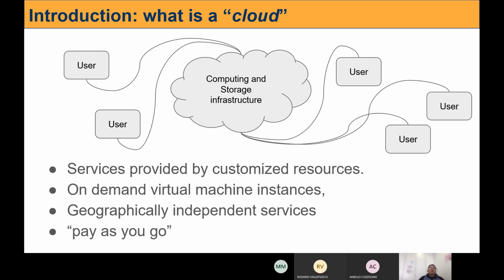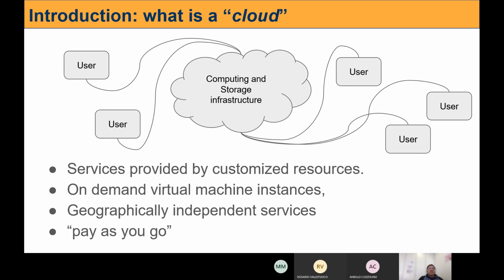This is a quote from Shakespeare. The original quote was "What's in a name?" about the rose, and in this case we have "What's in a name?" about the cloud. What could be cloud and what could not be cloud? Actually, cloud services are provided by any customized resources. Of course, virtual machines that are instantiated on demand are cloud.